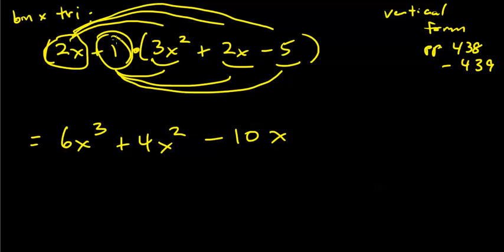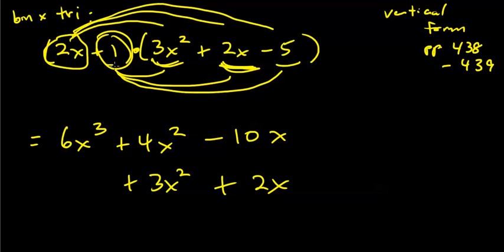Now I'll multiply everything through by 1 and arrange the resulting products in like term columns. So 1 times 3x squared is 3x squared, hence making an x squared column to add later. 1 times 2x is going to be 2x, making an x column of like terms to add later.